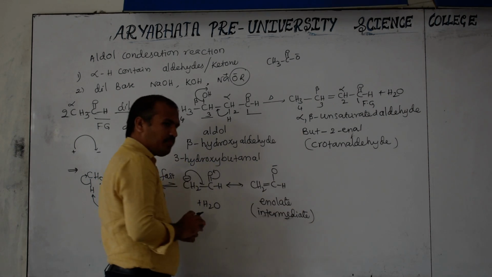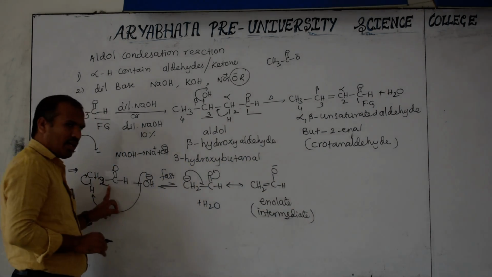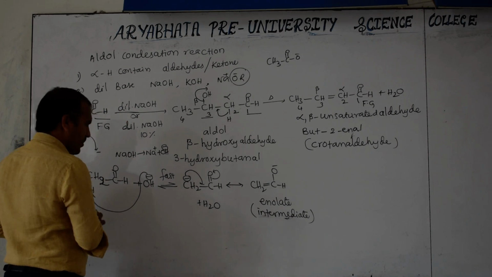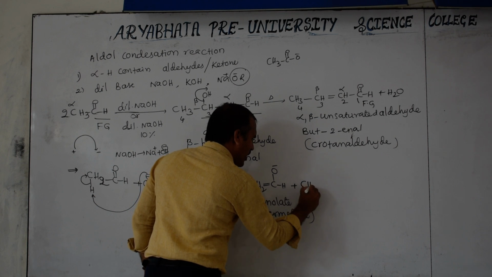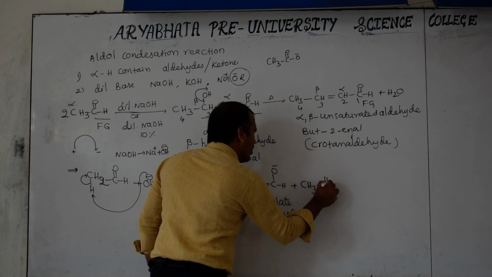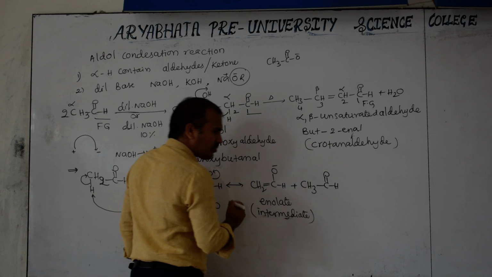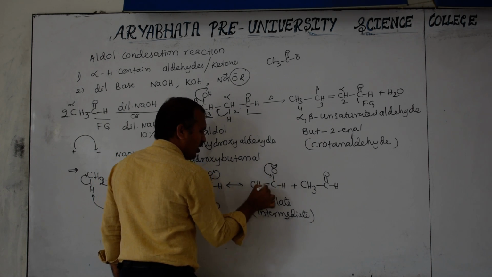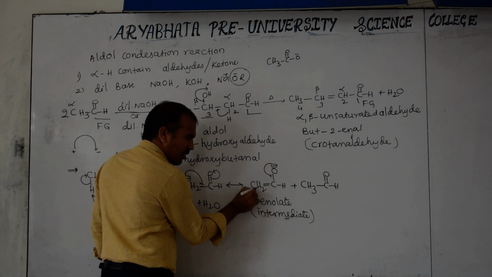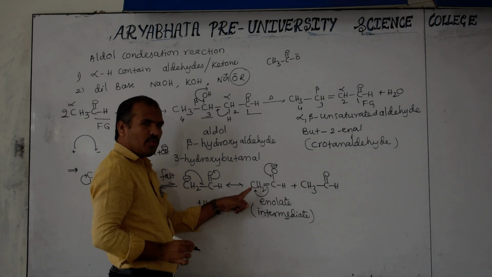Now this is 1 mole. When you take 1 mole of aldehyde, a second mole of aldehyde is there. So here I will take the second mole of aldehyde, CH3 C double bond O, H. This negative part will come here, and like this it is a negative part.